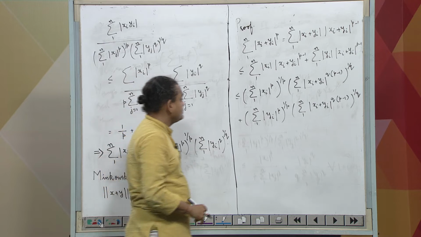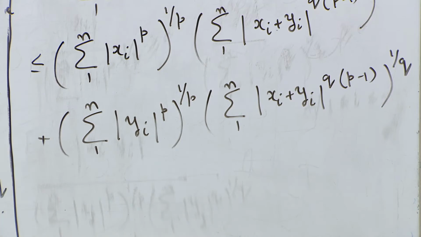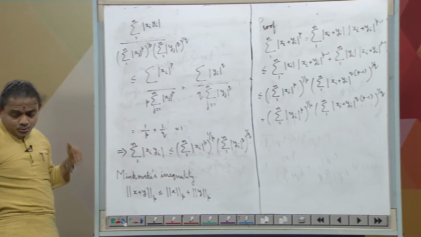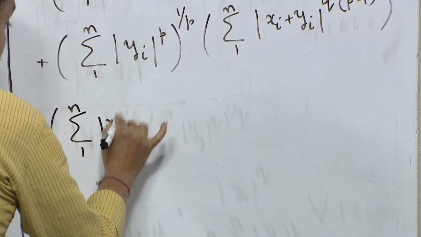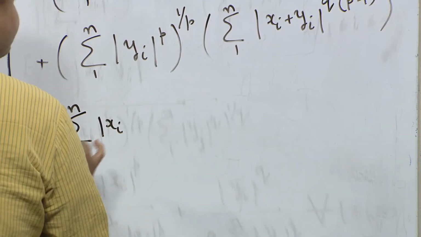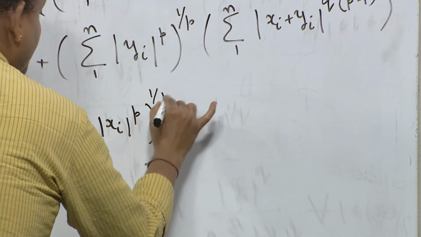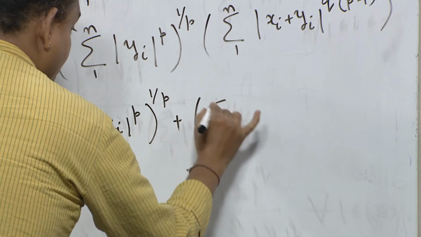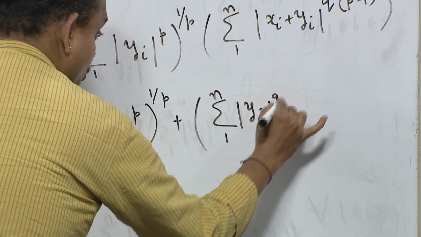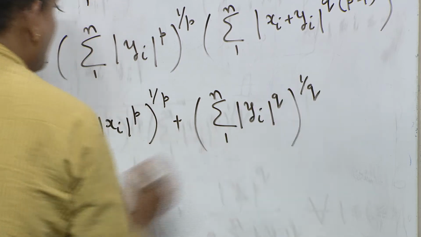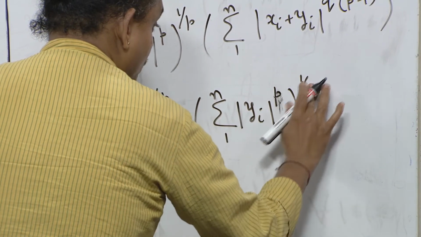Now, if you observe the second term in both, they are one and the same, right. So, we are going to pull it out from the summation: summation 1 to n mod xi raised to the power p whole raised to the power 1 by p plus summation 1 to n mod yi raised to the power p whole raised to the power 1 by p.